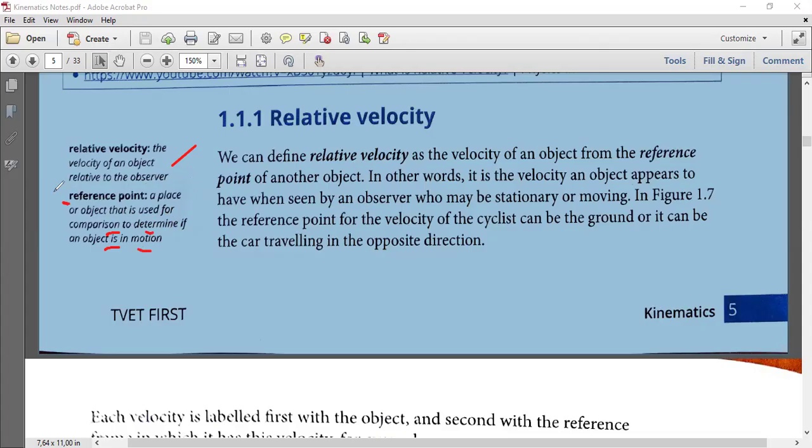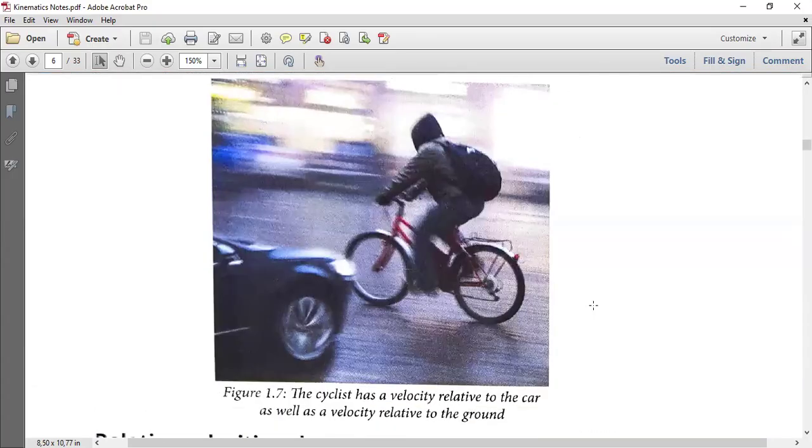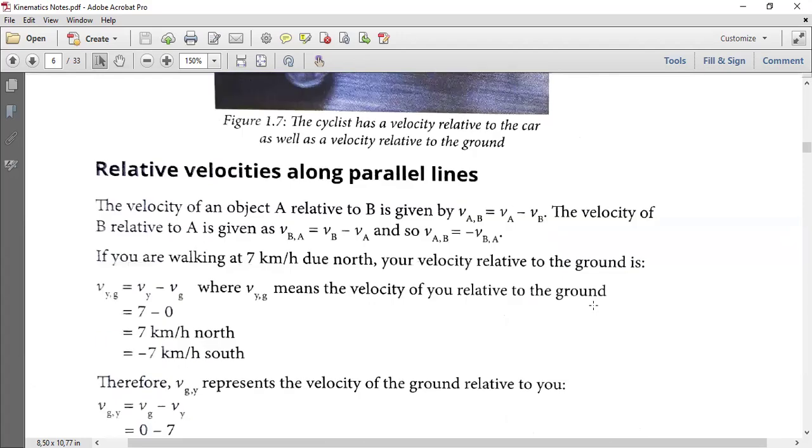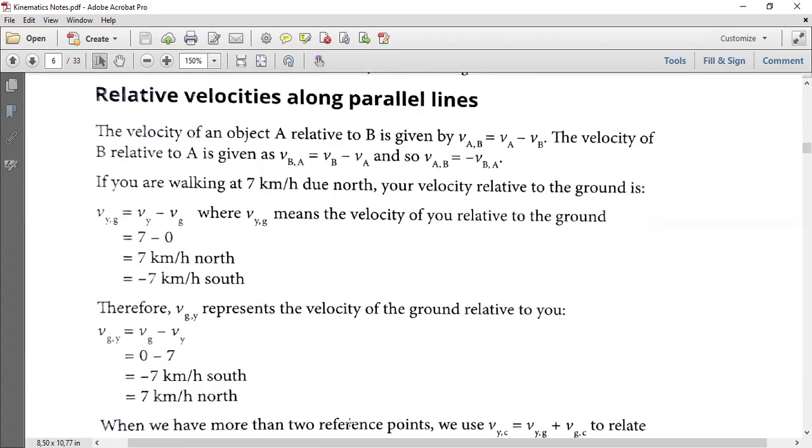Okay, so let's say we are given an object. An object can be anything. Anything in our mathematical view, in terms of science, can be referred to as an object.